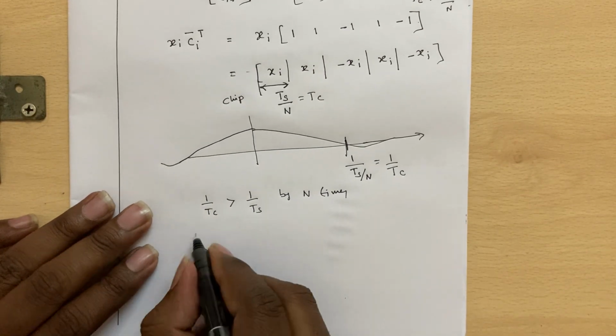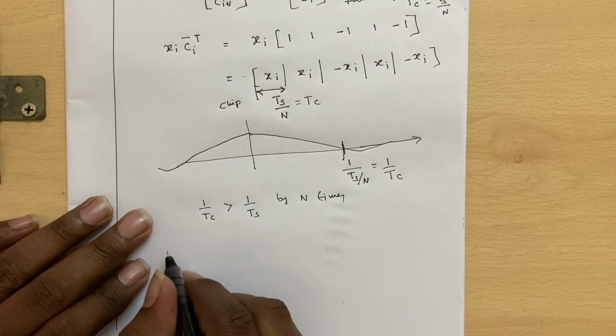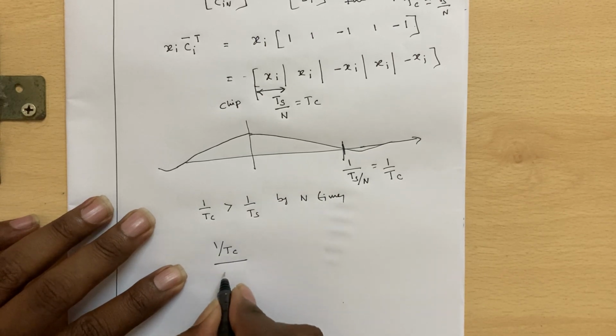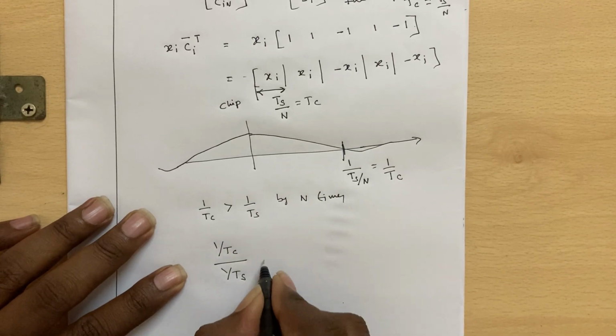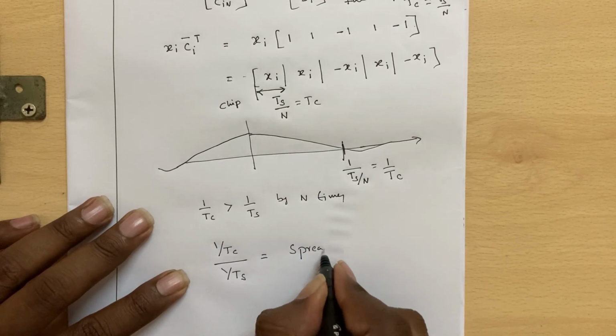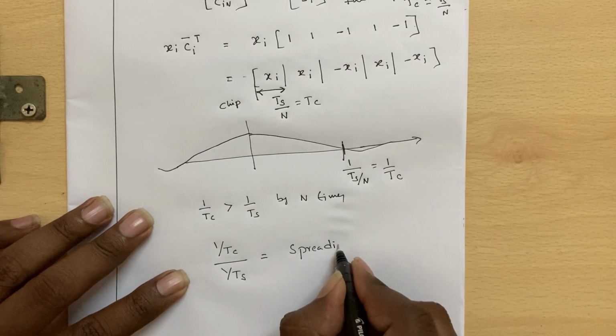If you take the ratio of the bandwidth after multiplication of the code word, that is the ratio of 1 by Tc to 1 by Ts, we call this ratio the spreading factor, because of this multiplication the spectrum got spread.